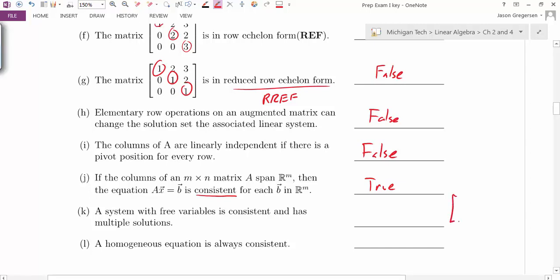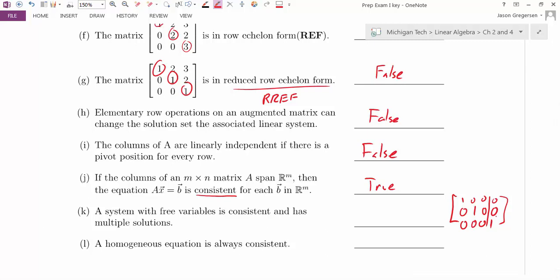So for example, I could write this system: 1, 0, 0, 0, and 0, 1, 0, 0, and 0, 0, 0, 1. If I look at this augmented matrix, I can see that there is a free variable, x3, but that last equation would tell me that 0 equals 1, which is not true. So this is a system that has free variables, but is not consistent. So this one would be false.